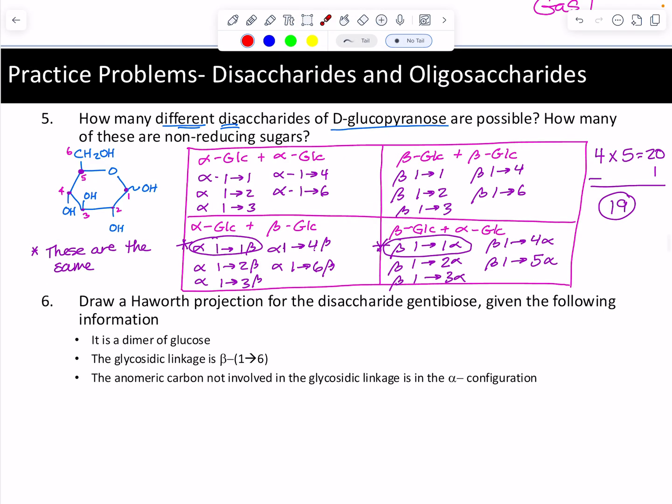All right, so now let's draw, in the second question on this slide, gentiobiose. We've got the following information. It's a dimer of glucose, and we're told the glycosidic linkage is beta 1 to 6. The second unit of the disaccharide has its anomeric hydroxyl in the alpha configuration.